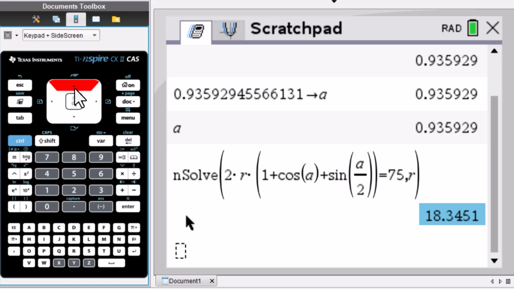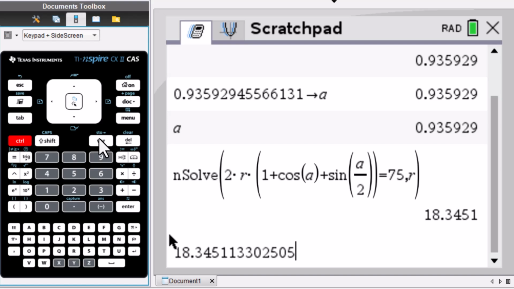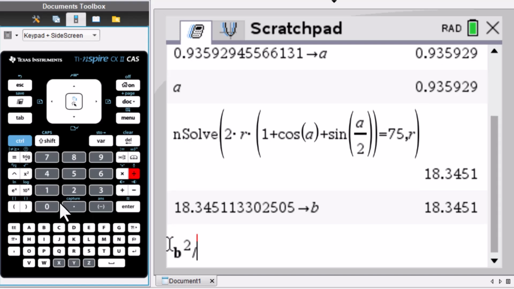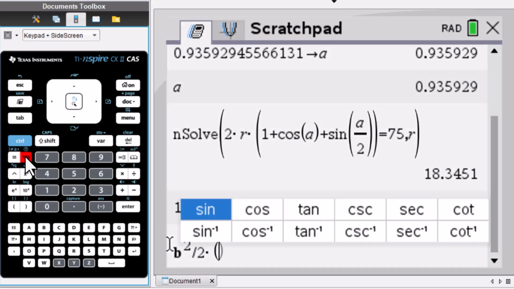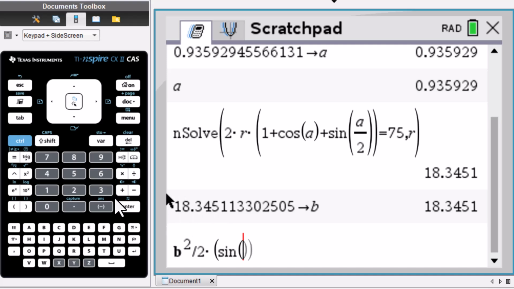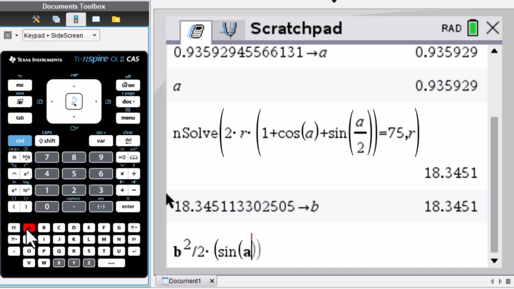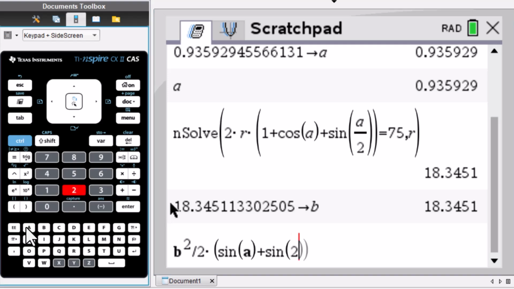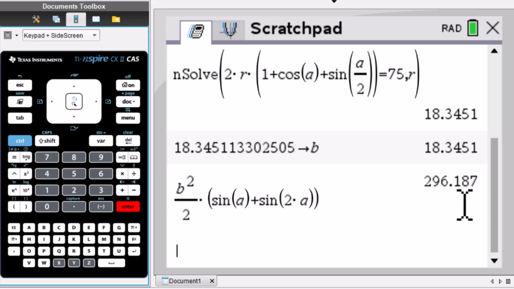Still, we need to store this value into B. B squared divided by 2 times parentheses sine A plus sine 2A. Then enter. This is the answer.